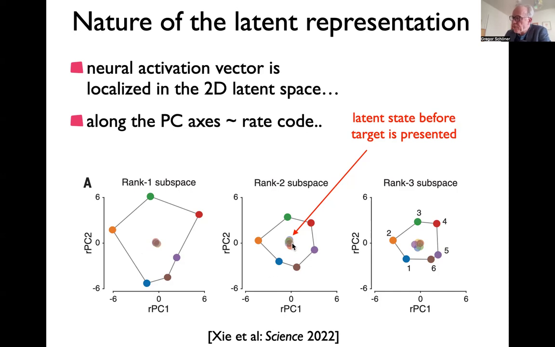Here's an example of that. So here the center point is actually when you take the activity of the neurons before the targets are given, in this previous period. There's some kind of attention signal to the monkey, and then it looks at the display and waits for the sequence to start, and then you find that the neural vector lies here in the origin. Now, which probably means that these neurons are not firing a lot.